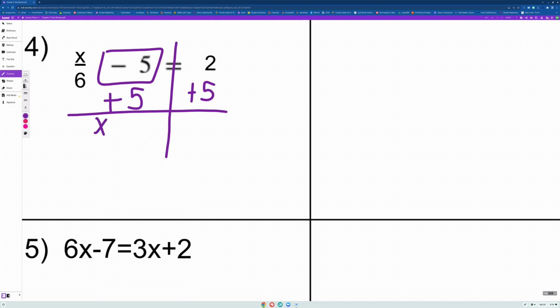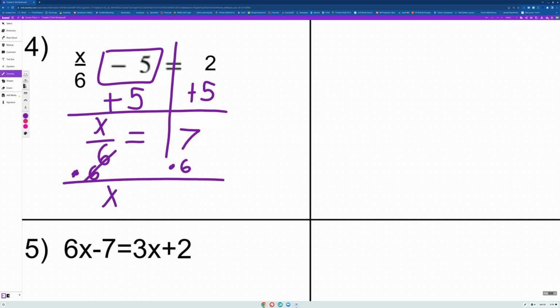So x over 6 is now equal to 7. And then because x over 6 is division, I have to do the opposite, which is to multiply. I'm going to do a dot instead of my cross. Multiply 6 on both sides. Once I do that, those are going to cancel, and I get x equals 42.